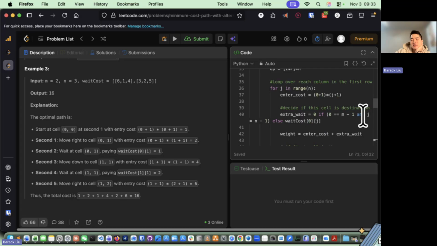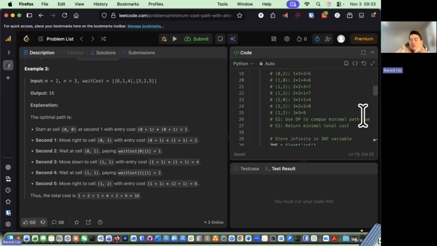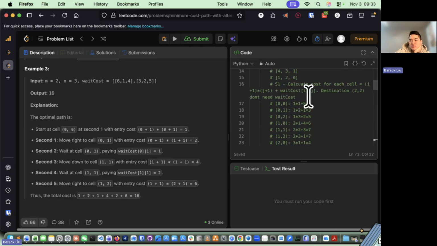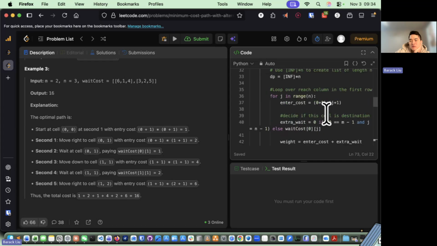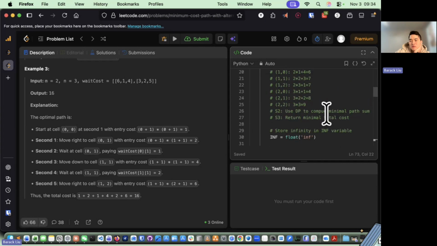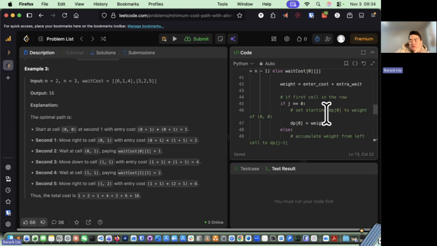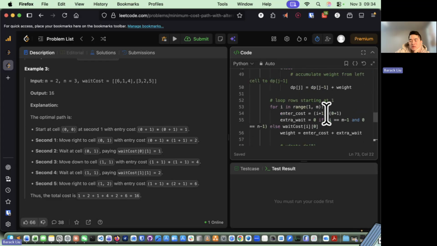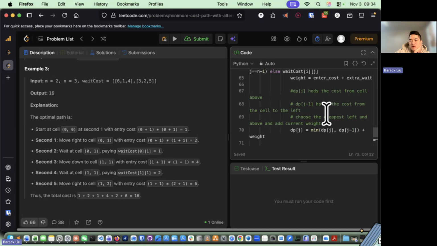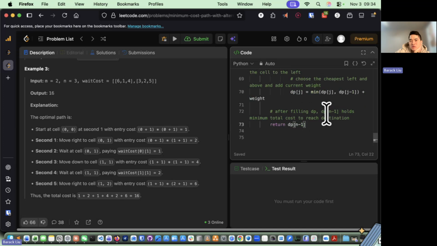Yeah. So the key idea is, from this example, I think it's pretty straightforward. But what we need to figure out is how to deal with the dynamic programming strategy.